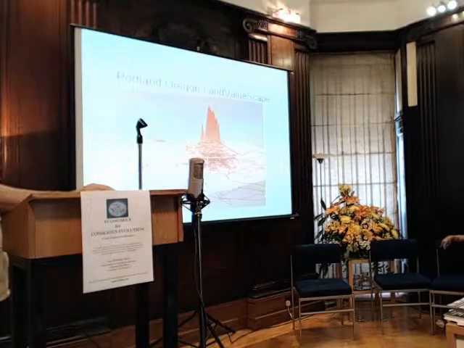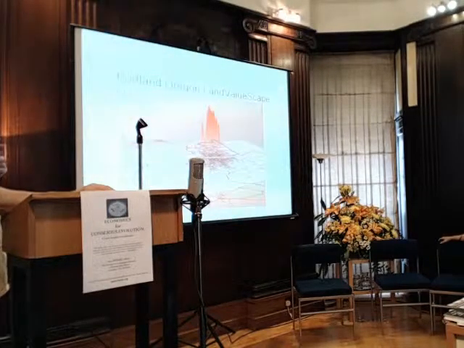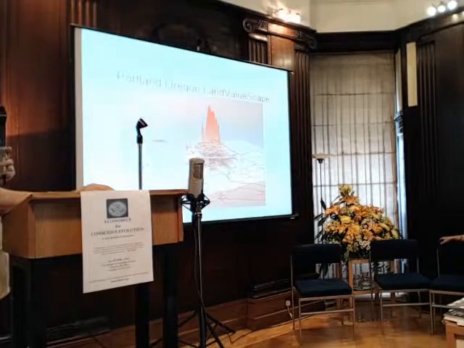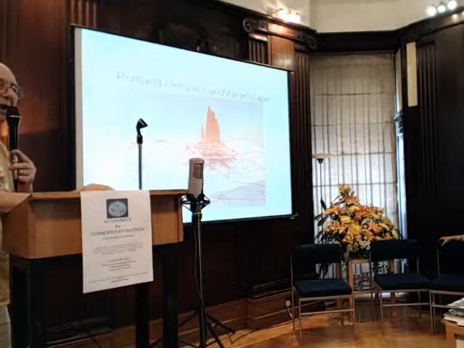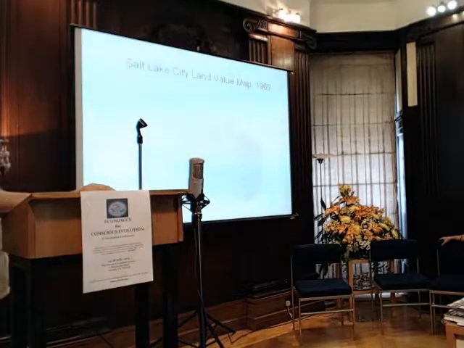But you can see what the urban growth boundary did. It really concentrated the land value in the urban core. The people inside the boundary loved it. Their prices skyrocketed.